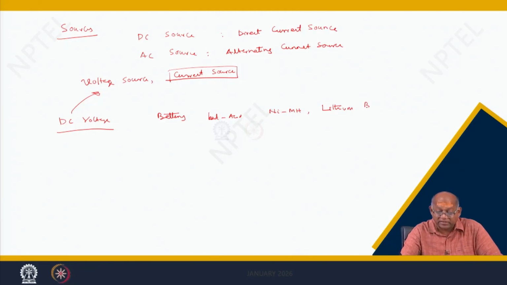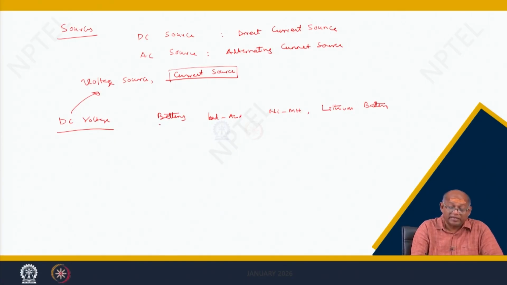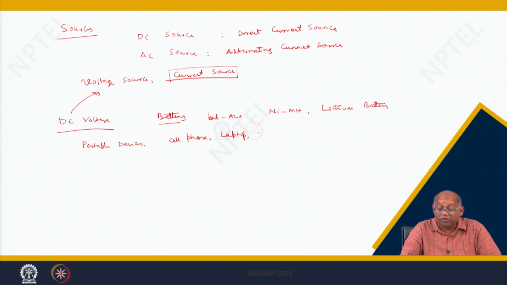Batteries are very powerful nowadays because they are used in electric vehicles and all portable devices, like cell phones, laptops, and most portable items for sensing and communicating.